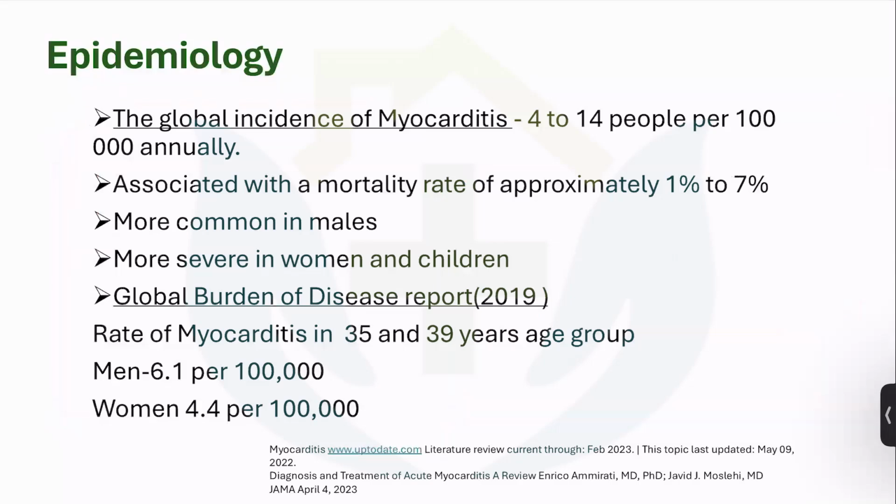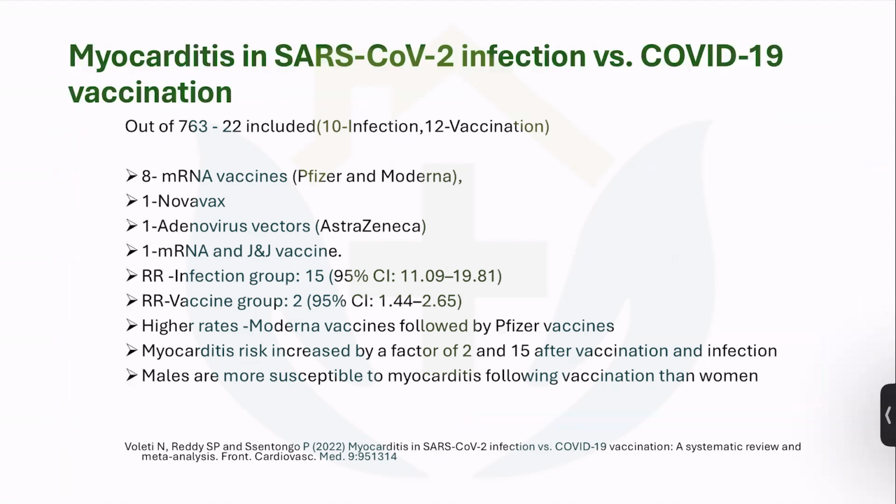So epidemiology: the global incidence is something like 4 to 15 people per lakh annually, with a mortality rate of 1 to 7%. But why we have included this is because it is a very favorite of theirs in recent years: myocarditis in SARS-CoV-2 infection versus COVID-19 vaccination.